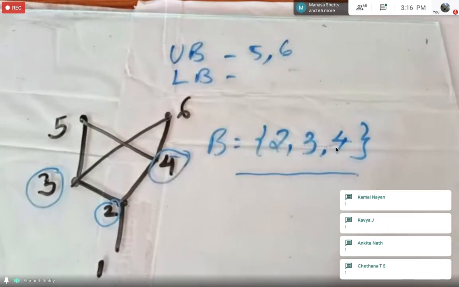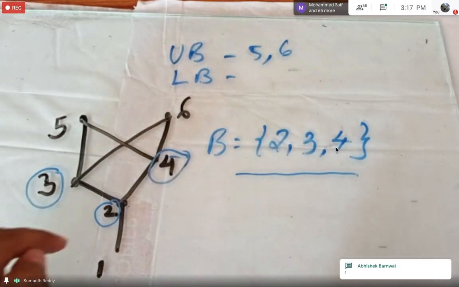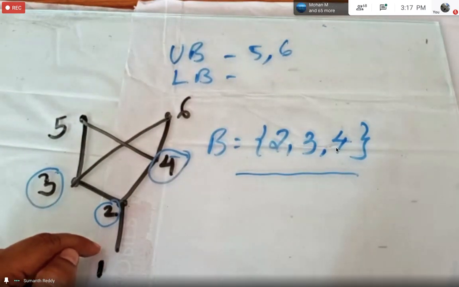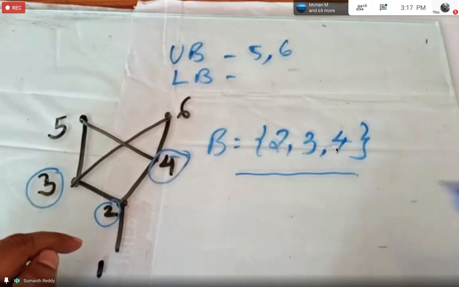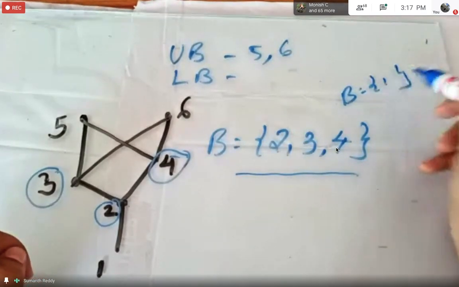Okay, Kamal, you are asking about upper elements, or the one at the top of the figure. Kamal, Nayan, depending upon the subset of the elements, I cannot always tell exactly the top element. Suppose the subset of the elements, instead of 2, 3, 4, is only 1.